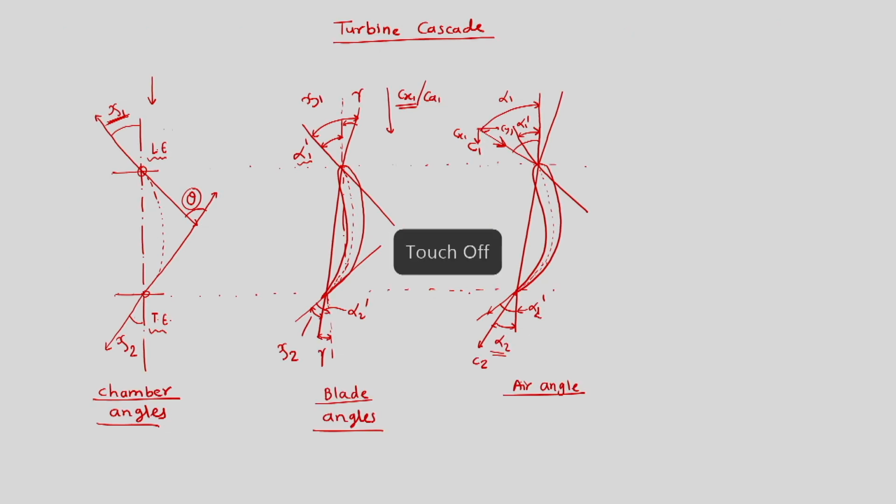If we see, the chord line is the straight line joining the leading edge and trailing edge. So, this is gamma, the stagger angle, and this stagger angle is used for the setting of the cascade into the tunnel. So, it is mostly an experimental number.